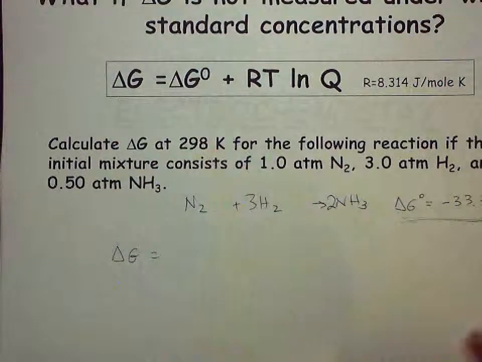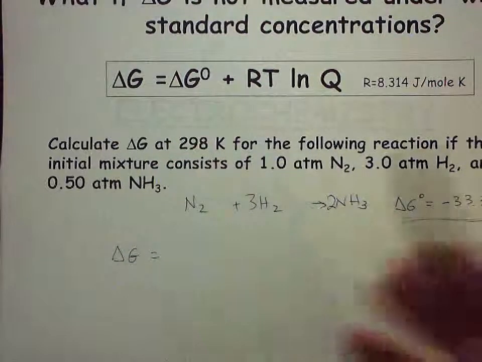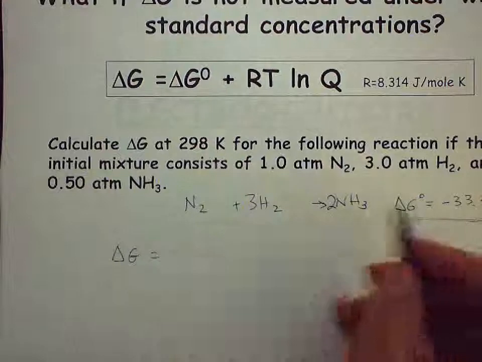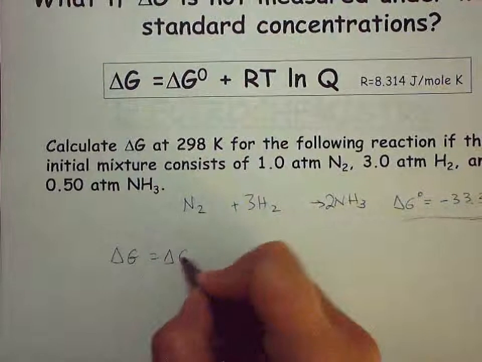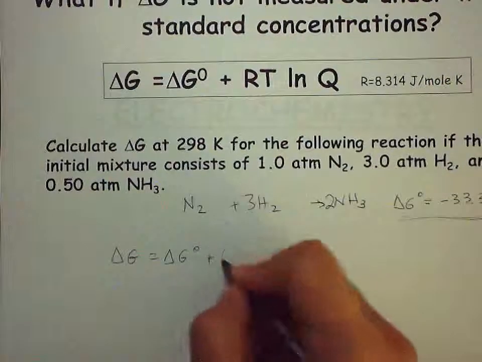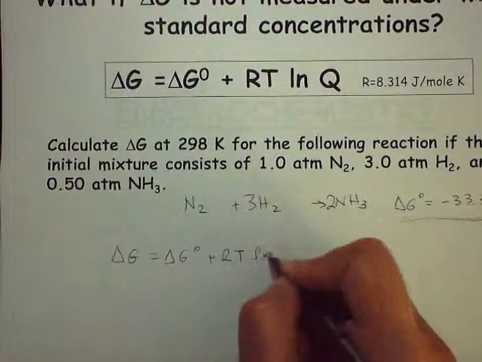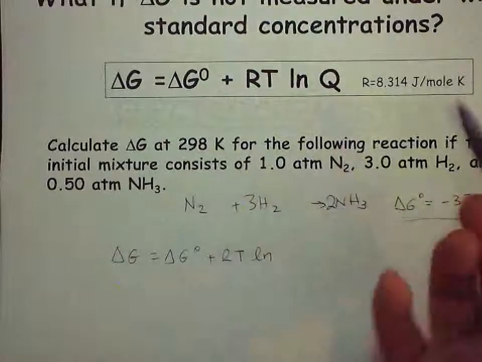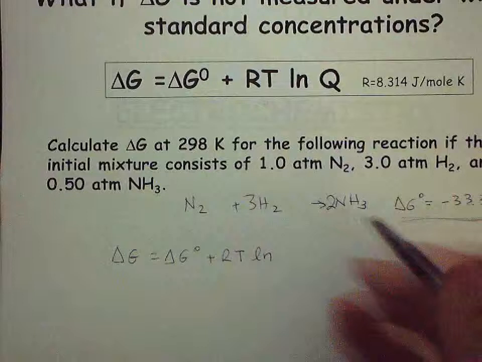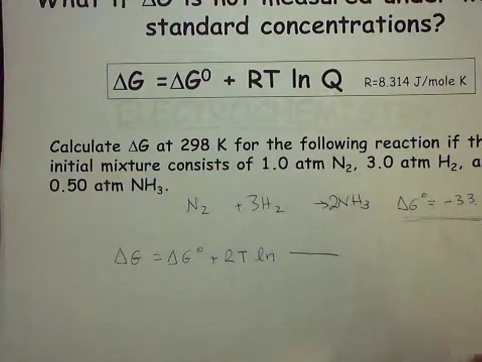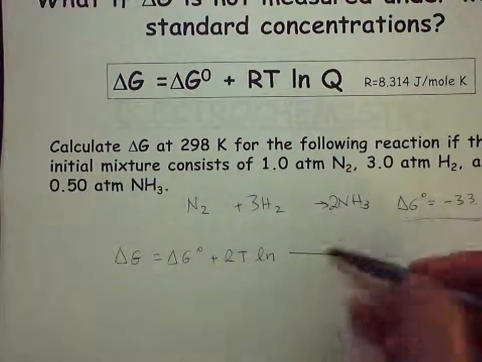All right, so let's do it. Before I actually substitute any real numbers, though, we're going to play a little bit of alphabet soup here. I'm going to rewrite the equation, but instead of writing Q, let's go ahead and write the mass action expression for this reaction. All right, so what is the mass action for this reaction? What goes in the numerator?